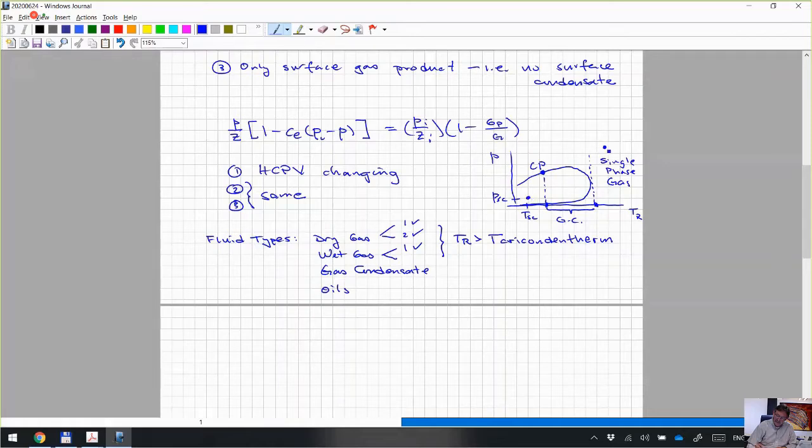So by hook or by crook, it makes it from initial reservoir condition down to the surface conditions, which is a separator at stock tank conditions, and that's inside the two-phase region. So we're going to condense out liquid at the surface. That's where the wet comes from. You actually produce condensate. It'll look like water probably.